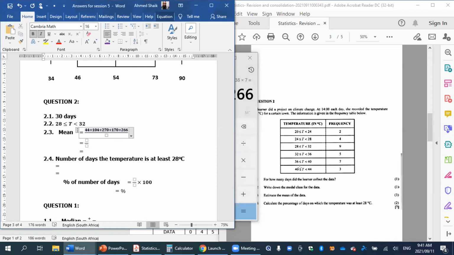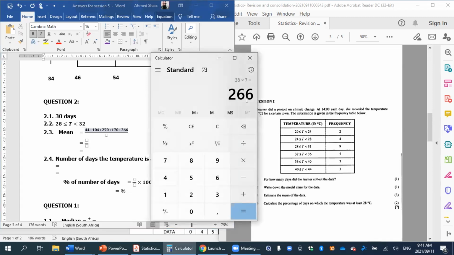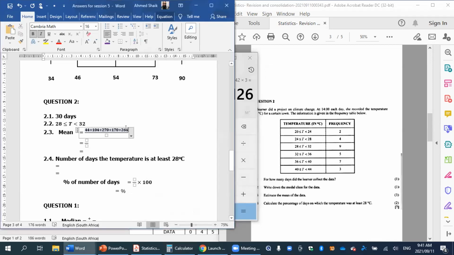Our last interval, our midpoint calculation is going to be 40 plus 44 divided by 2, and that gives us 42. We can see we have a frequency of 3, so we're going to say 42 multiplied by 3, and that gives us an answer of 126.